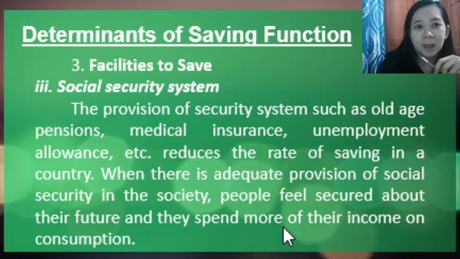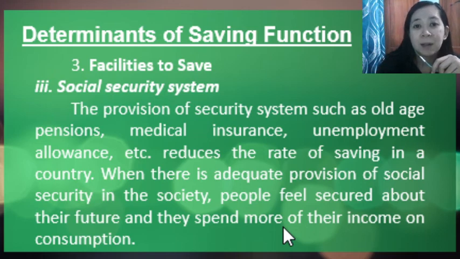So the third factor is the social security system. The provision of security systems such as pensions, insurances, allowances, and the like reduce the rate of savings because people tend to rely on this security system because they will have it.